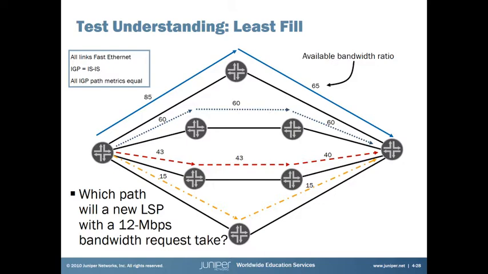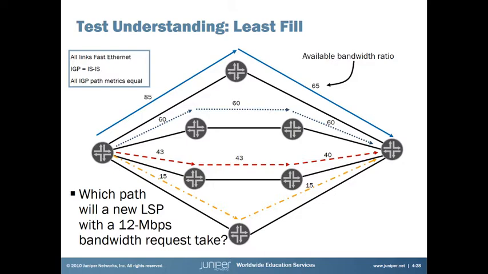Basically you could say the top path has got 65% of its total bandwidth available, so 65% of its reservable bandwidth is available. The bottom path, we've only got 15% of its reservable bandwidth available.